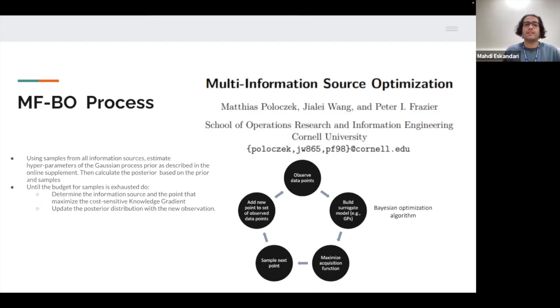Until this budget is exhausted, we are going to determine what information source or fidelity we are going to use next, which is cost sensitive. So the cost is also here. And we are going to update the posterior distribution with the new observation, and iterate through this loop until our budget is exhausted.